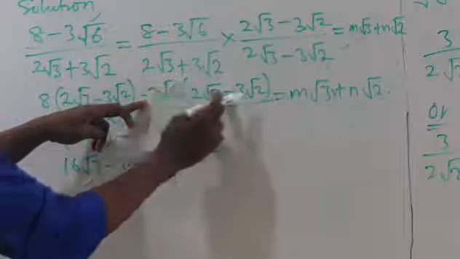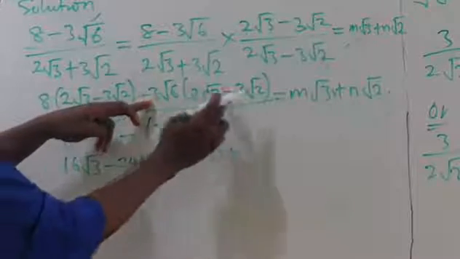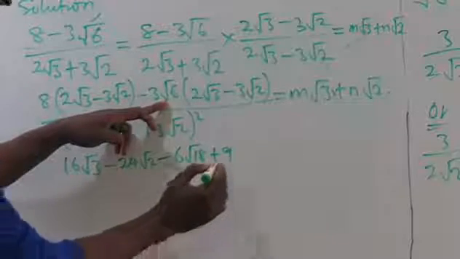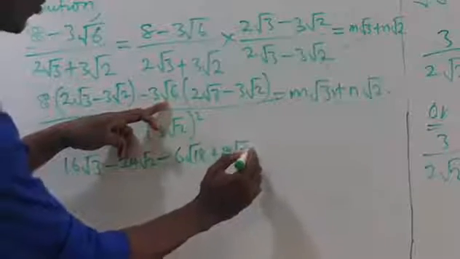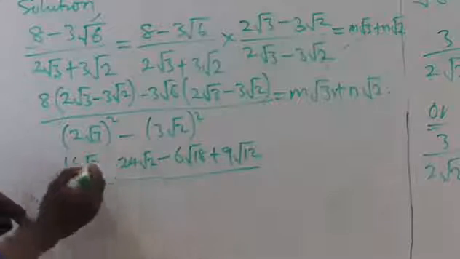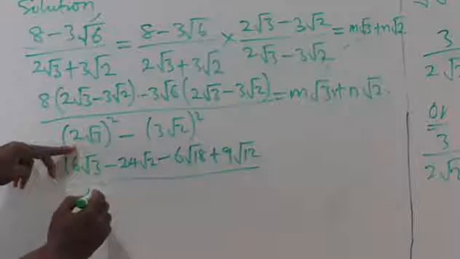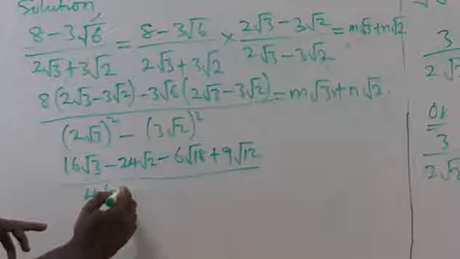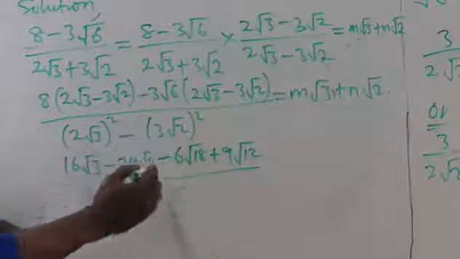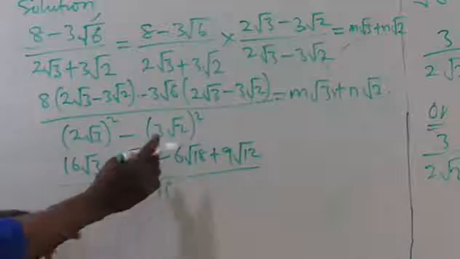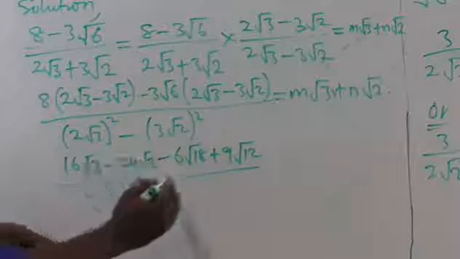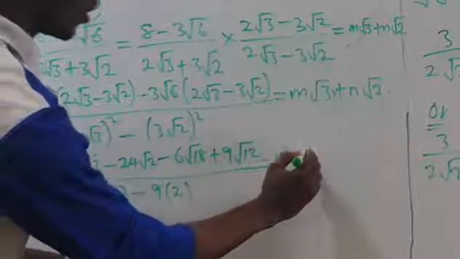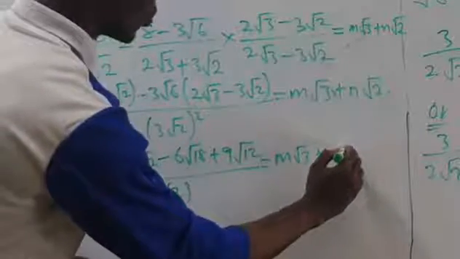Then minus times minus is plus, 3 multiplied by 3, that is 9, root 6 multiplied by root 2, that is square root of 12, all over 2 squared, that is 4, into square root of 3 squared, that is ordinary 3, minus 3 squared, 9, into square root of 2 squared, that is 2, which is equal to m root 3 plus n root 2.